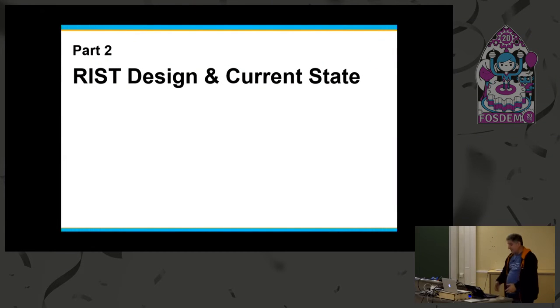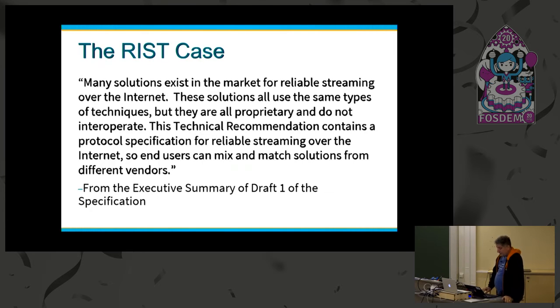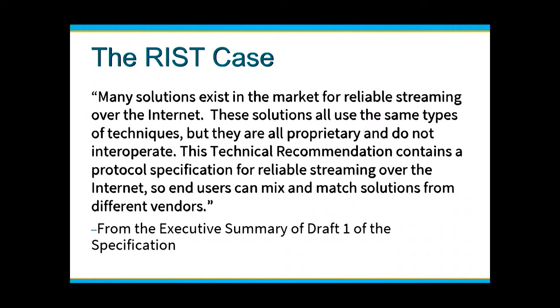So let's dive now into RIST itself. What is it and how was it born, right? Here's an excerpt from the executive summary of the first published RIST simple profile document. I typically don't like to read anything verbatim that's on the screen, but in this case, I think it's worth it.